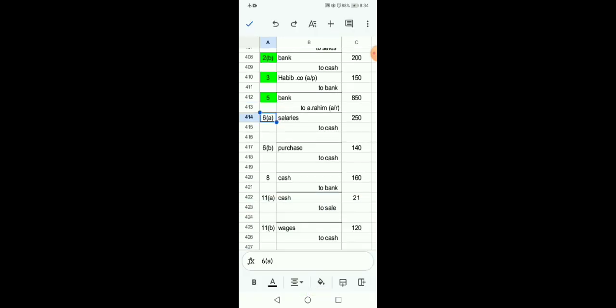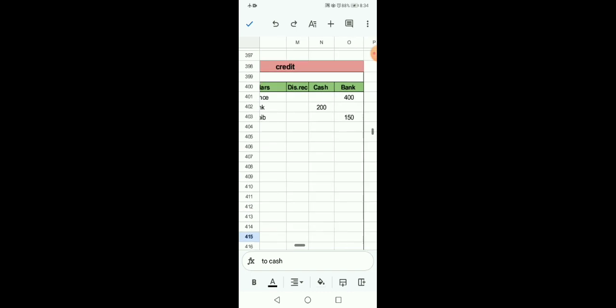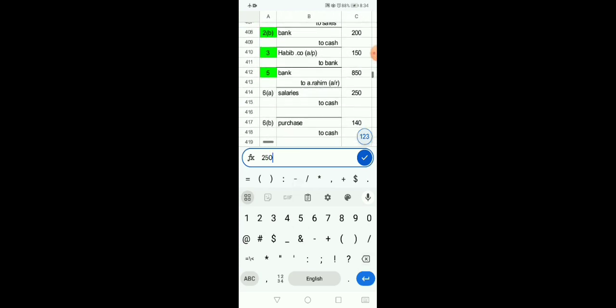Next entry is 6A, where there are two elements, but only one element is related to cash book, which is cash, credited 250. So we'll go to the credit side of cash and we'll write 250 over here. Now see its reference, and that is salaries.